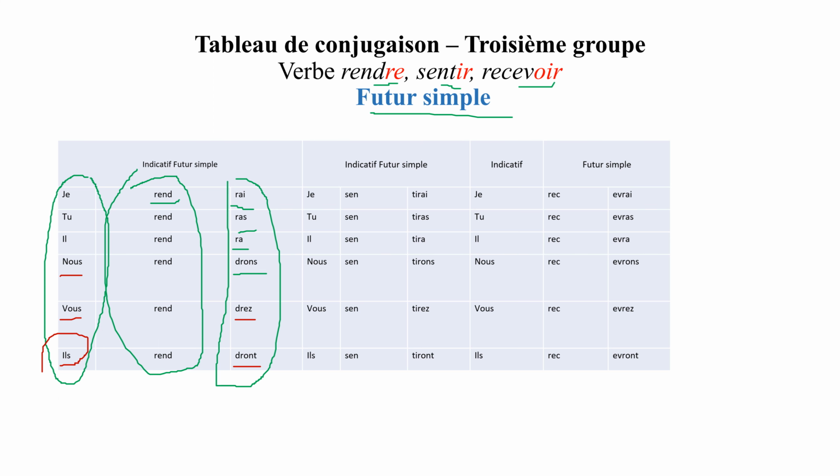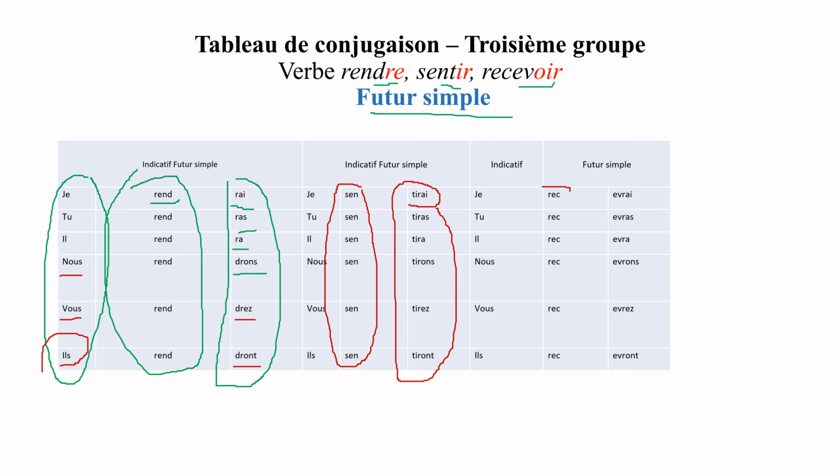Very simple. And you follow the same thing for the verb sentir. And here is your root. And you add here TIRAI. And for the verb recevoir, keep in mind, here is your root. Notice here there is no Ç like in the previous example that we saw.